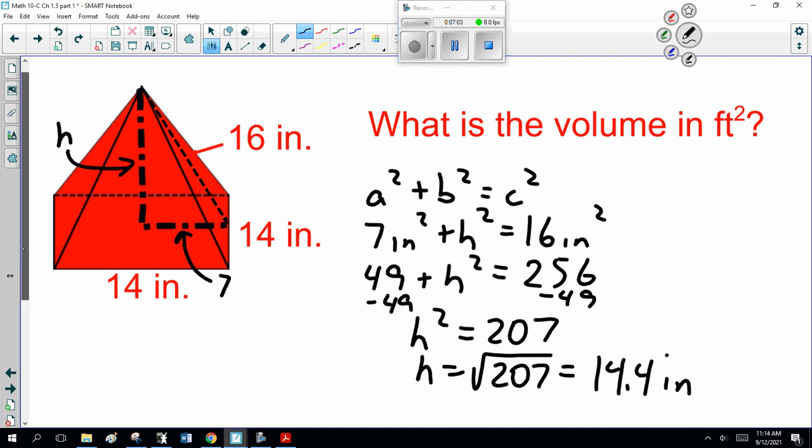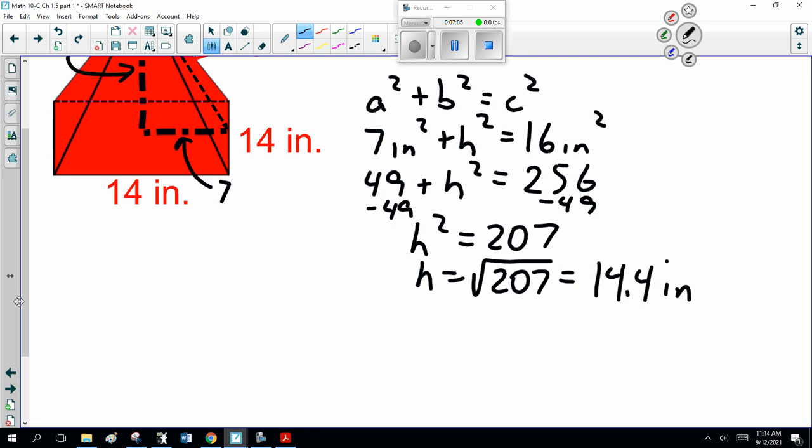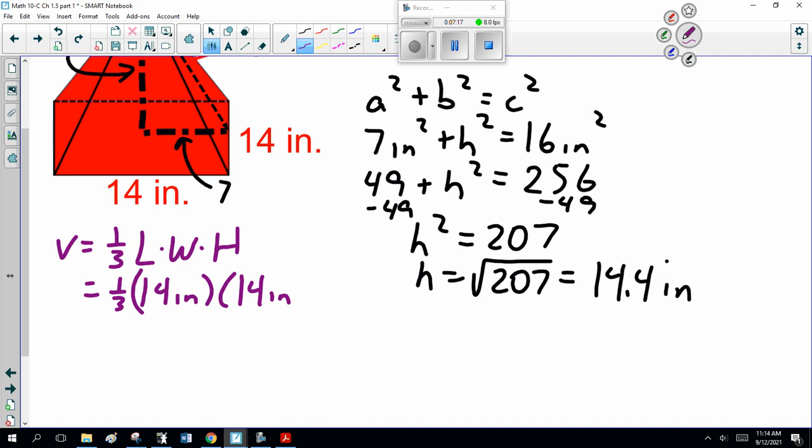Now, the formula, volume is 1/3 length times width times height. That's 1/3, 14 inches times 14 inches times 14.4.